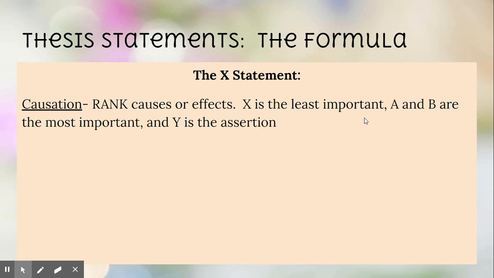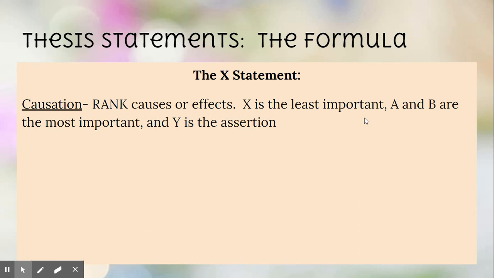All these things are causes of the revolution, but we're going to rank them by which one we think is the most important versus the least important. So X is the least important, with A and B being the most important. Y is the assertion, or you could flip that around if you wanted to. If we were doing something American Revolution based, maybe we say, actions by the British military were an important reason why the colonists fought for independence.